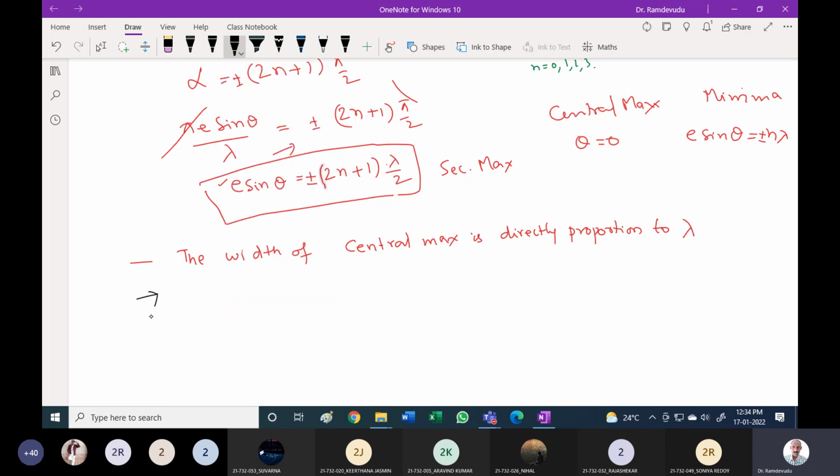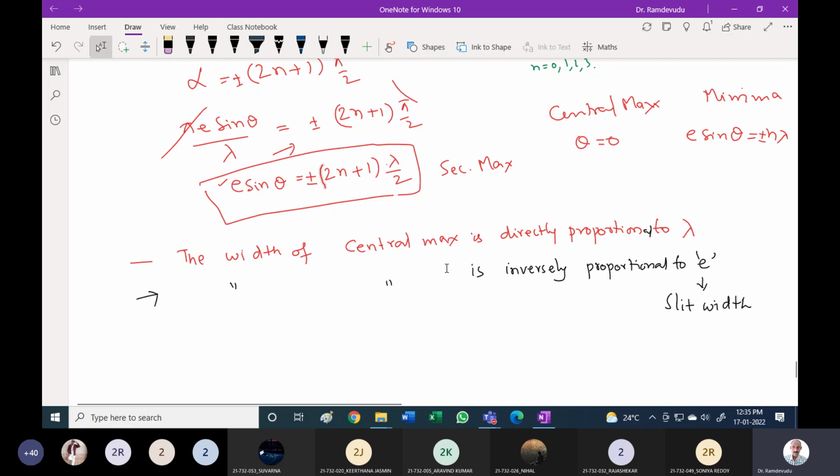And the second one you have to remember is that the width of the central maxima is inversely proportional to e, where e we call the slit width.